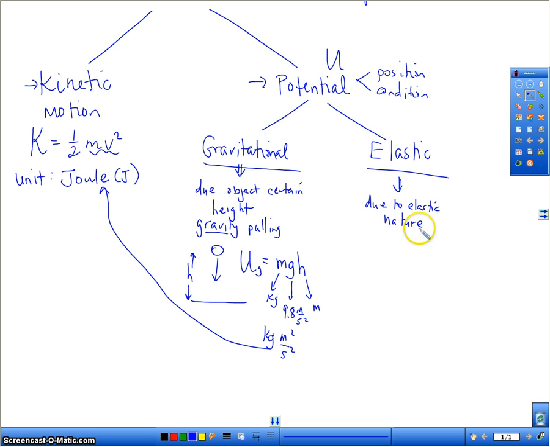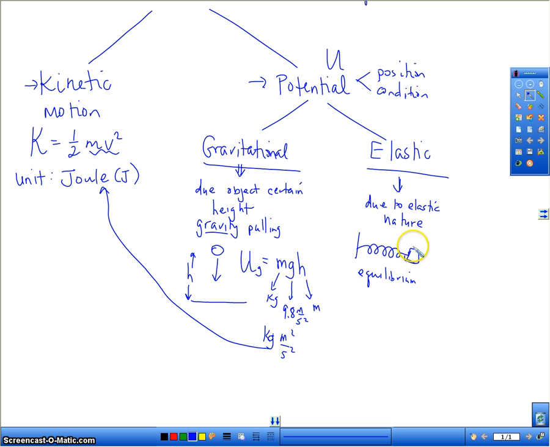The way that you would give them elastic potential energy is you would stretch them out of what we call the equilibrium. So if you had a spring that was just sitting there minding its own business, and it wasn't stretched or compressed, we would say it's in equilibrium. In this state, it does not have any elastic potential energy.